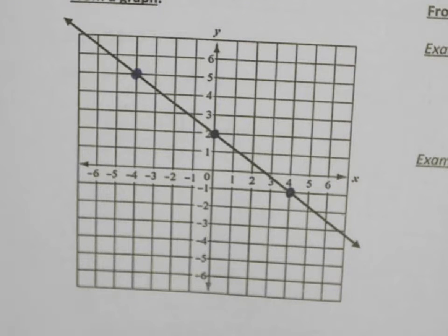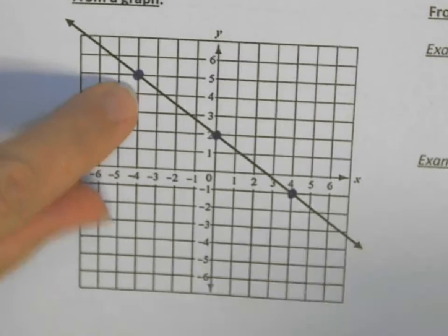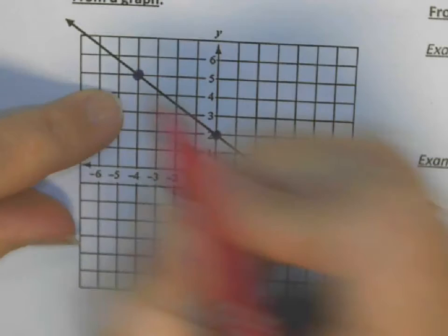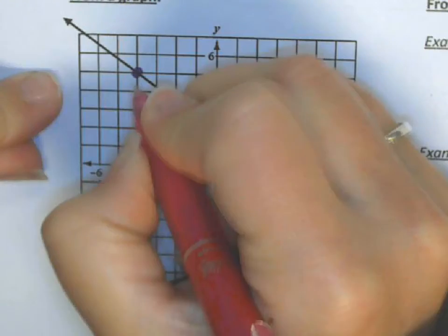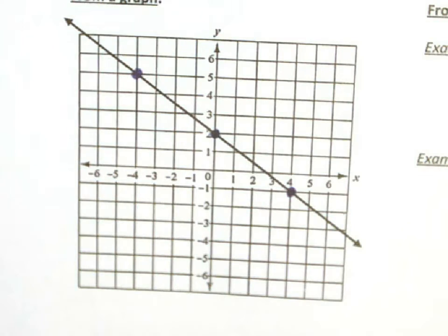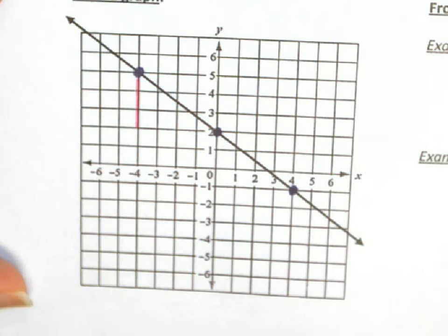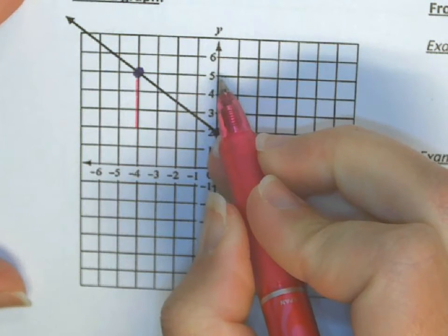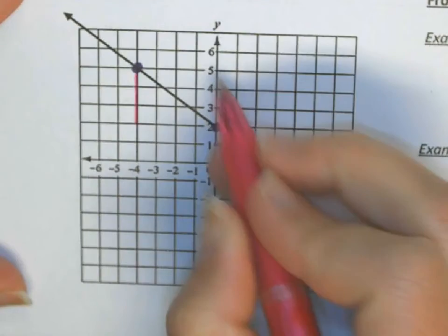Okay. So then all we're going to do is find the rise over run. It doesn't matter which point you start with, but if you start with the point on the left, your rise is going down. And when we go down on a graph, that number is always going to be negative. So we're going down 3. I have to double check because sometimes your scale is different. So I'm going from 5 to 2. That is down 3.